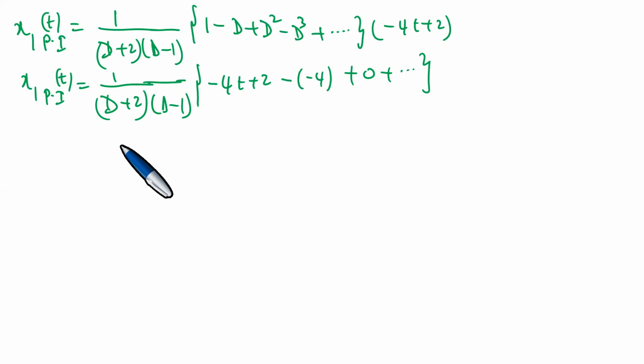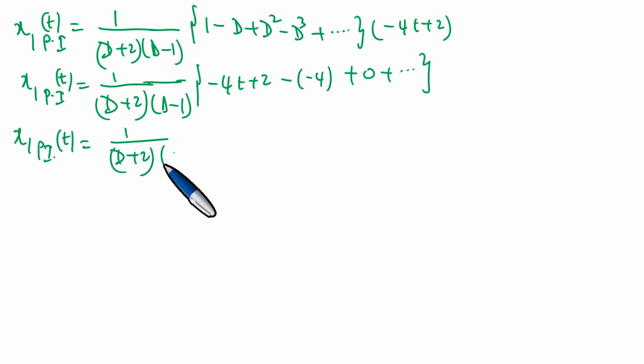So it means that x1 particular integral of t, which is d minus 1, so which is 6 minus 4t. And then now we do the same.